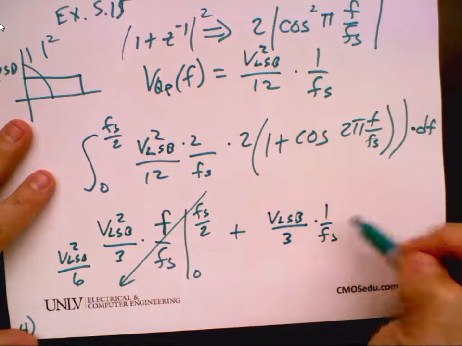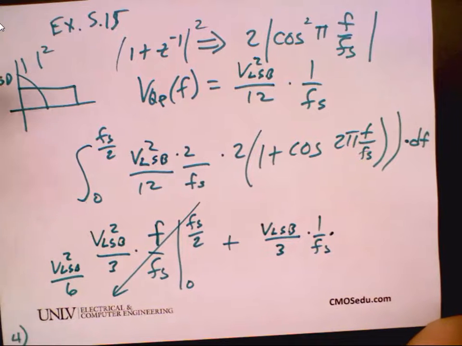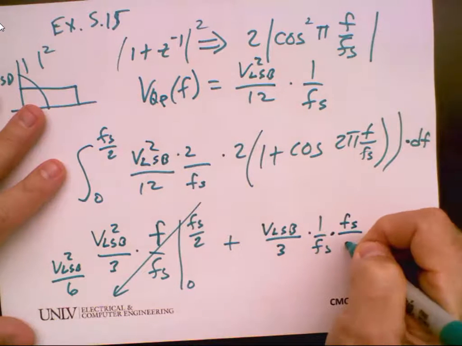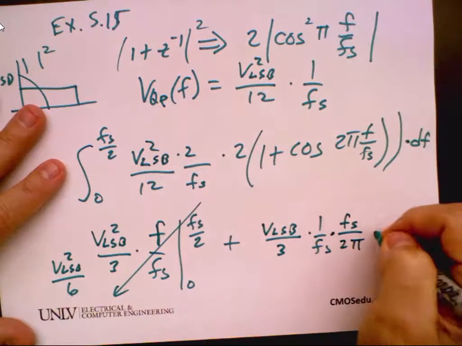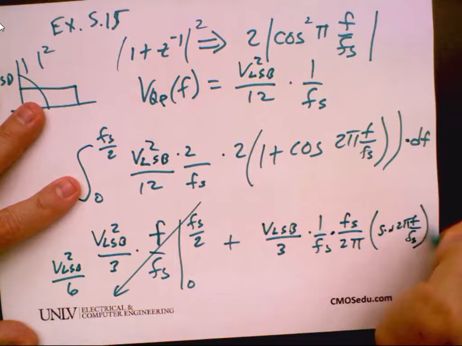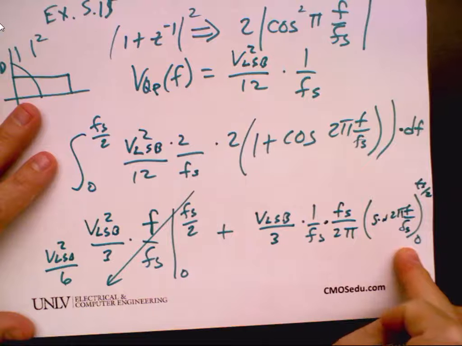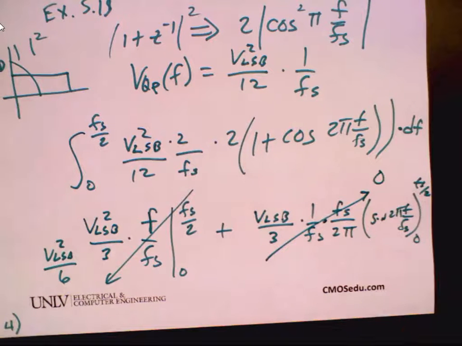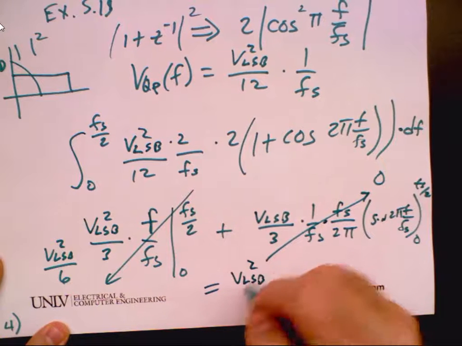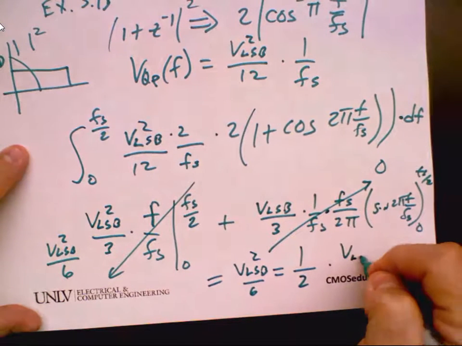How do I pull that out? It's Fs over 2 pi times sine of 2 pi f over Fs evaluated at 0 and Fs over 2. So what does this become? 0. And so the overall term is then equal to VLSB squared over 6.